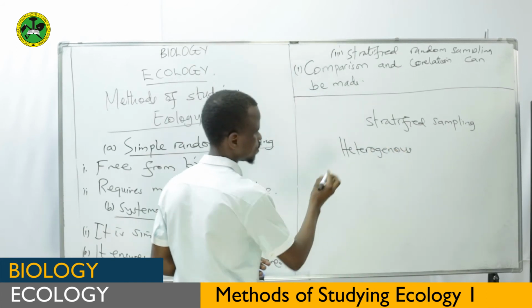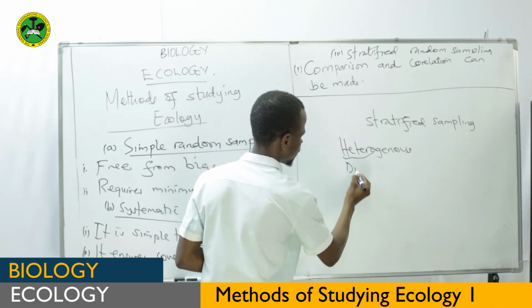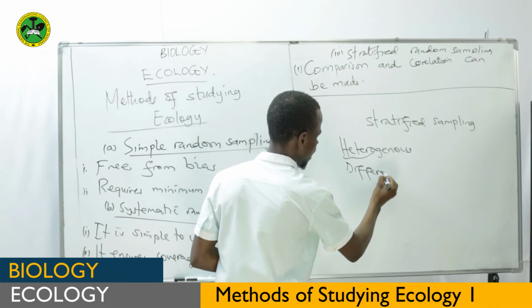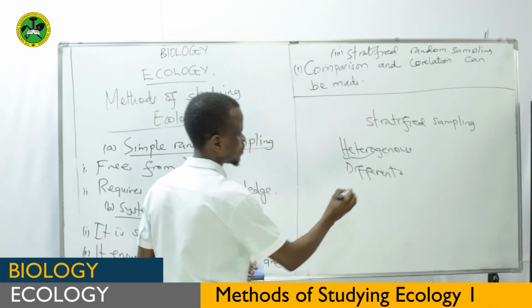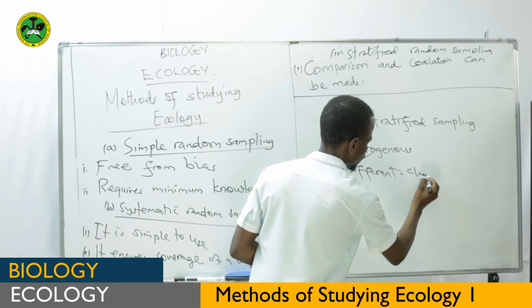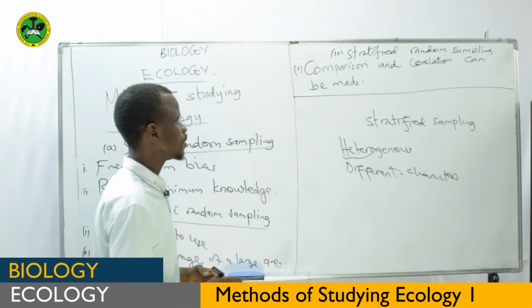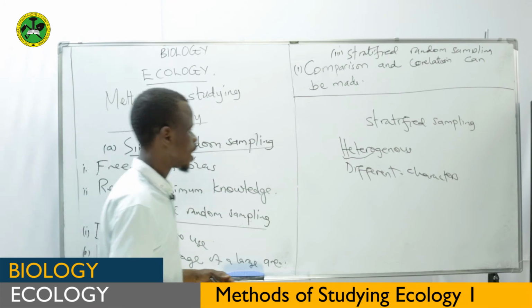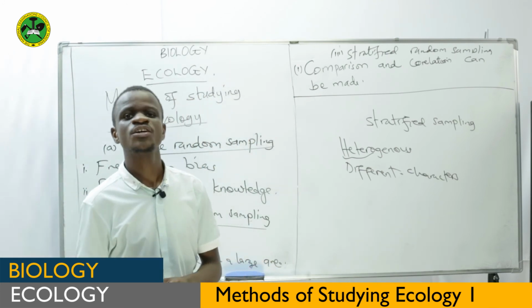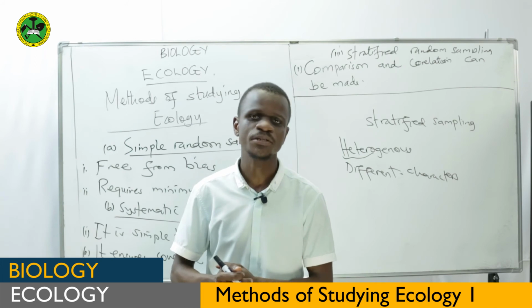What is heterogeneous? The word hetero means difference. Therefore, the population has members of different characters. Therefore, when you are sampling a population which has members of different characters, use stratified sampling.